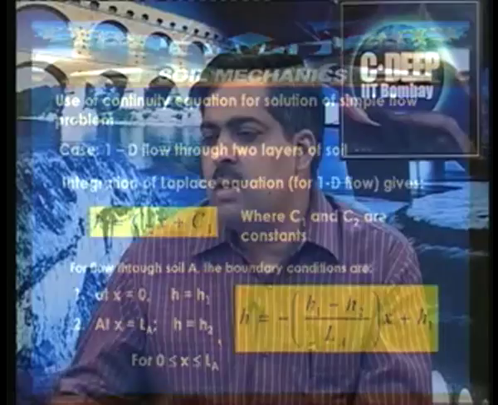Let us consider one dimensional flow through 2 layers of soil, and the integration of the Laplace equation for one dimensional flow, that is, del square h by del x square equal to 0, which is the Laplace equation of continuity for one dimensional flow. By integrating it we get h equal to C2x plus C1, where C1 and C2 are constants and x is the distance along the x axis.